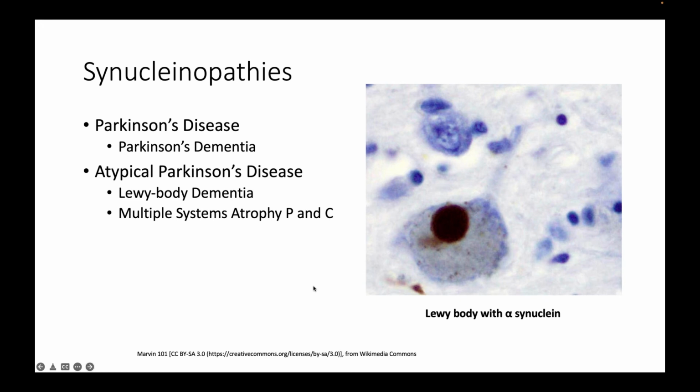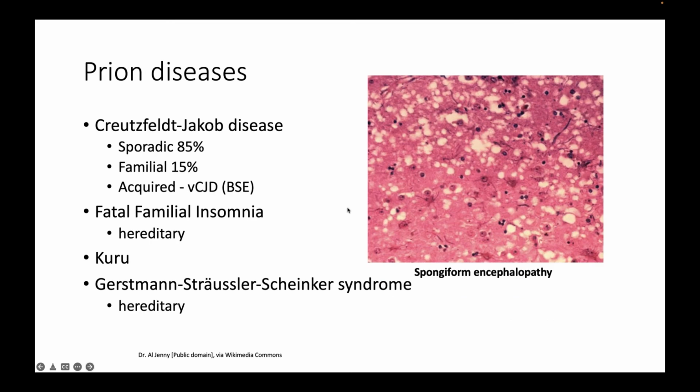And this will also be part of a later talk in the summer school about deep brain stimulation, because although not a causal treatment, deep brain stimulation is a very effective symptomatic treatment for Parkinsonism.